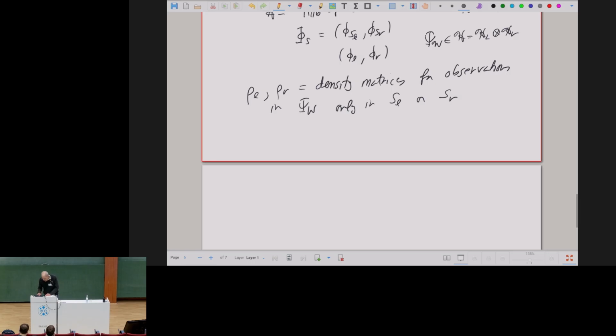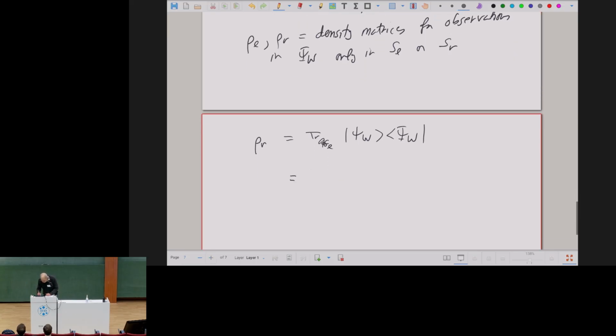So for example, what is rho R? Well, to construct rho R, we take the trace over H left of the pure state density matrix of the state W. That's the definition. So it's 1 over Z times the trace over H left of the pure state density matrix of the unnormalized state.